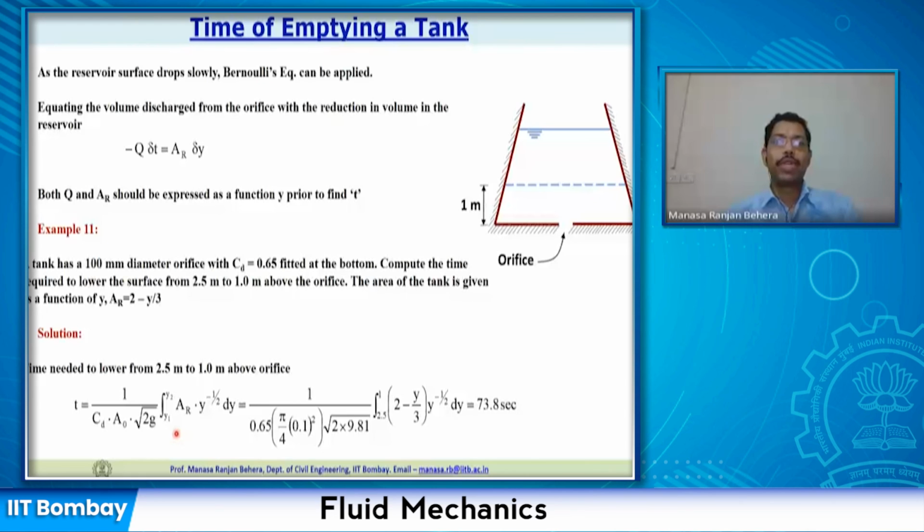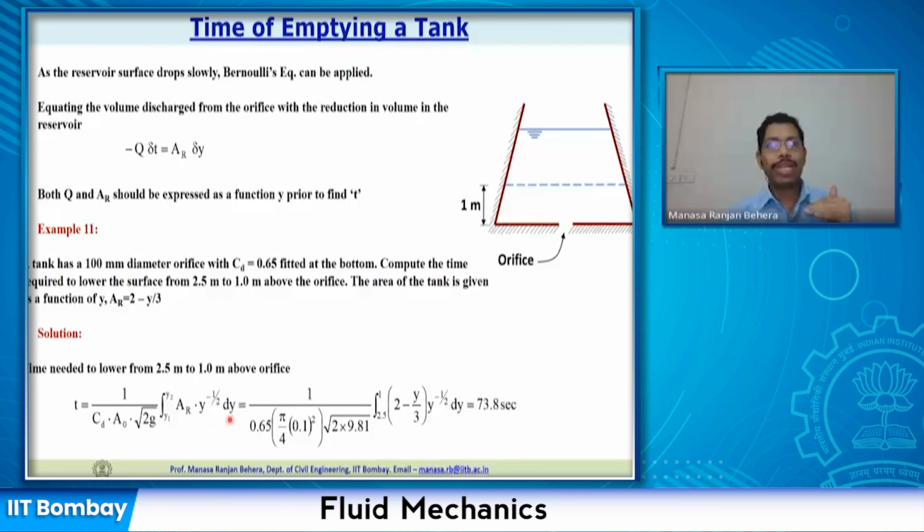If we take the y, it goes up and becomes y to the power minus 1 by 2, multiplied by A_R, which is nothing but your Q. By integrating, we find t equals 1 by C_D A_0 square root 2g, which are all constants, times the integration from y1 to y2. You are coming from top to bottom, so y1 is 2.5 meter and y2 is 1 meter.